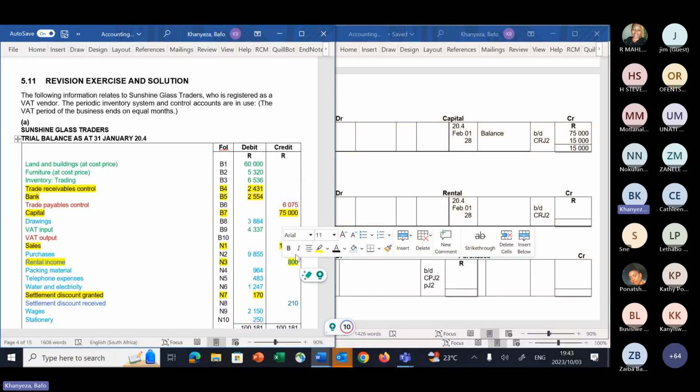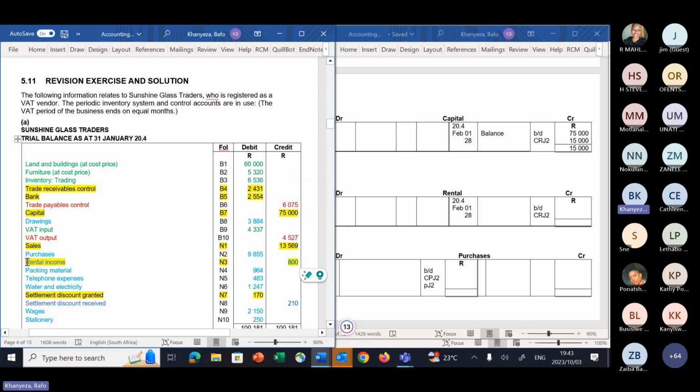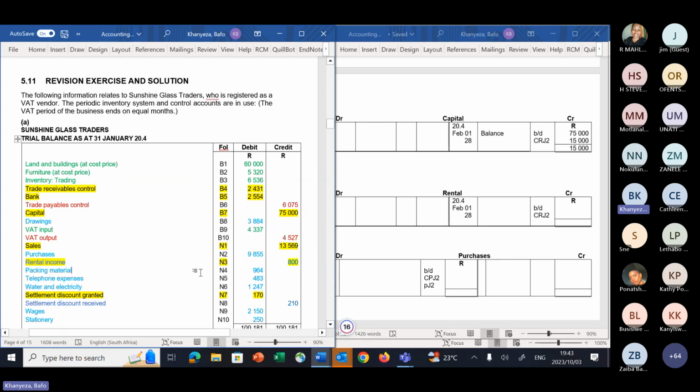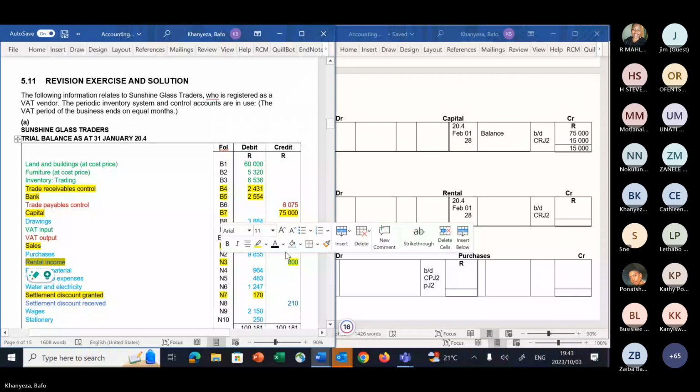We batch everything during the month, individual transactions, and then at the end of the month, we post to the balance. Because there are 12 months in a year, until we reach the 12th month, which would be the financial year end, that's when we prepare the financial statements.